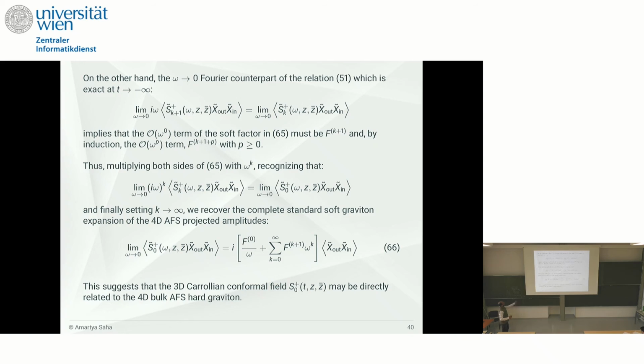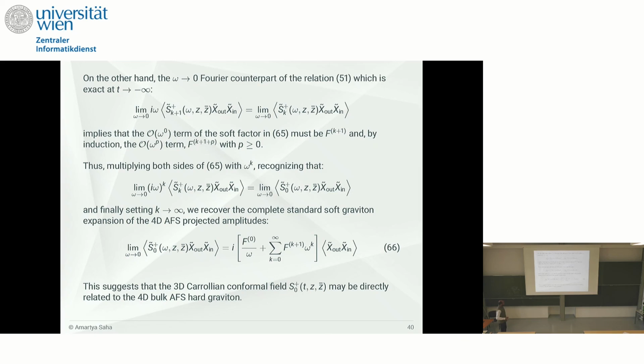So by recursion, we can see that for the Sk Ward identity with k tends to infinity, if we multiply both sides of that Ward identity by omega to the power k, we recover the expression 66, and it looks like the standard soft graviton expansion for the incomplete projected amplitudes.